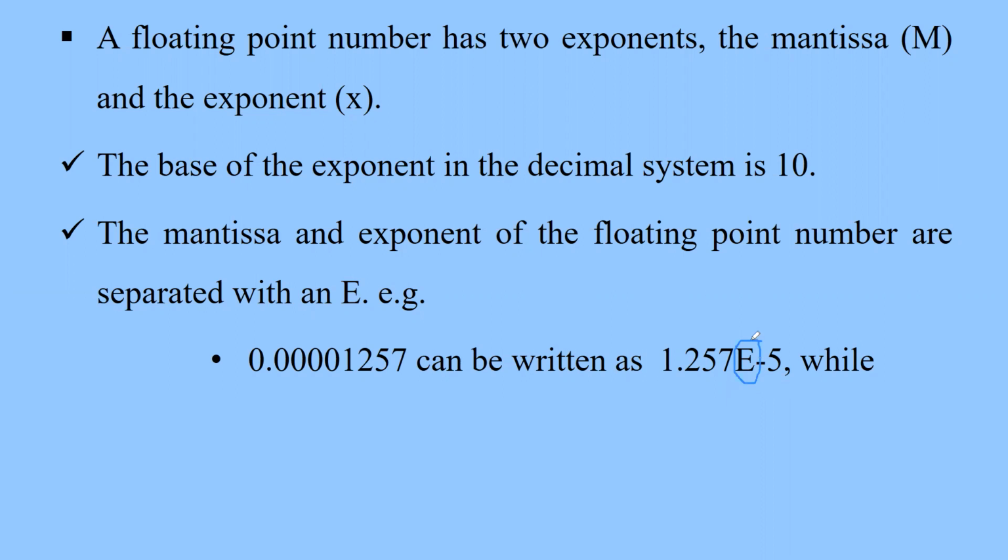Whenever you have an E, the exponent, always remember it is base 10, or 10 raised to power. Raised to power what? Raised to power -5. So I repeat, whenever you come across E, remember, it is 10 raised to power.